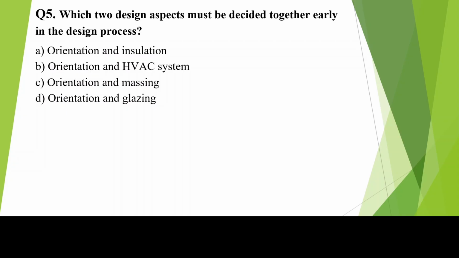So with orientation, what should be the most appropriate thing that should go in tandem, and that is a very key design aspect during the early phase of the building design process. So I hope you got the question and try to give an answer to question number 5.